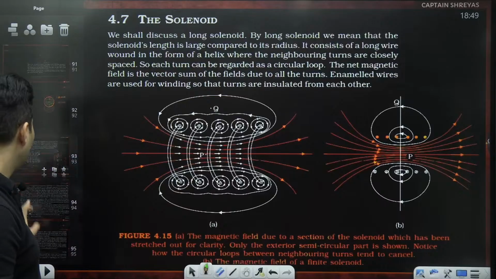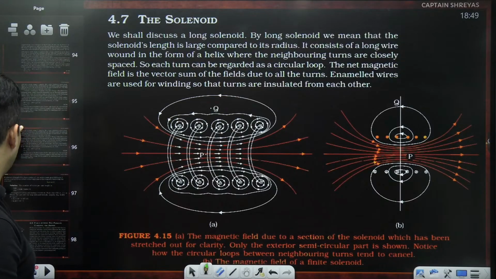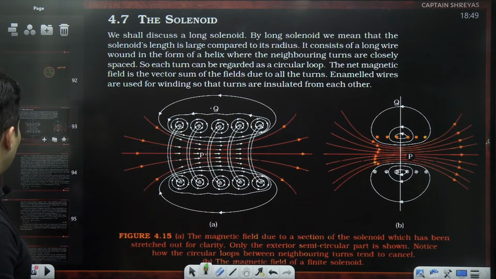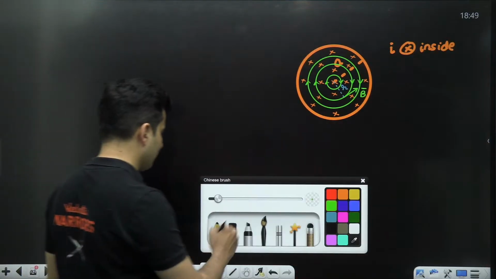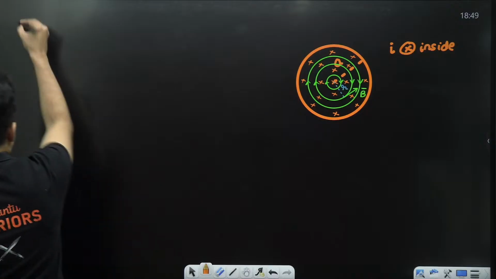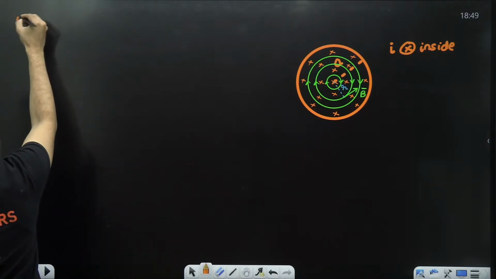Now let's go to the solenoid, which is there over here, solenoid diagram. But before going to the solenoid diagram, let's solve a simple question on this. A simple question on this.